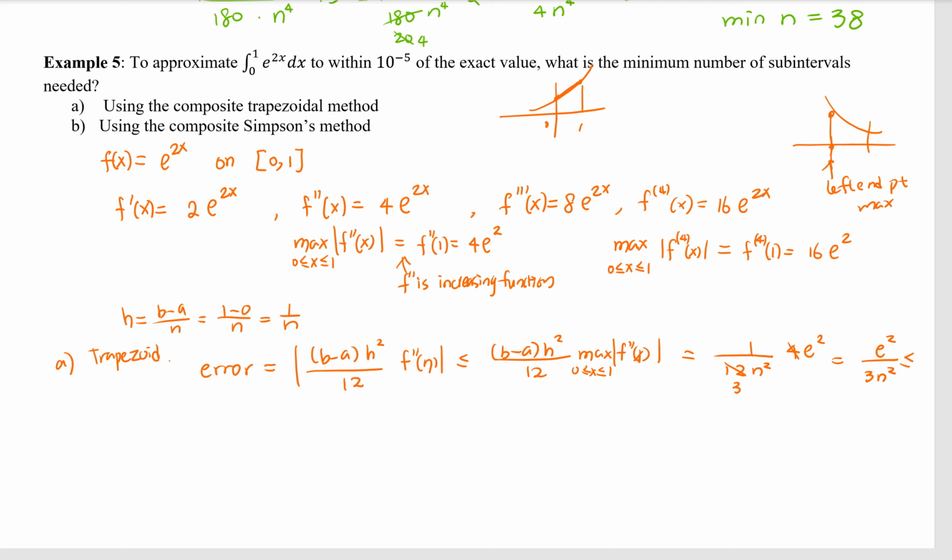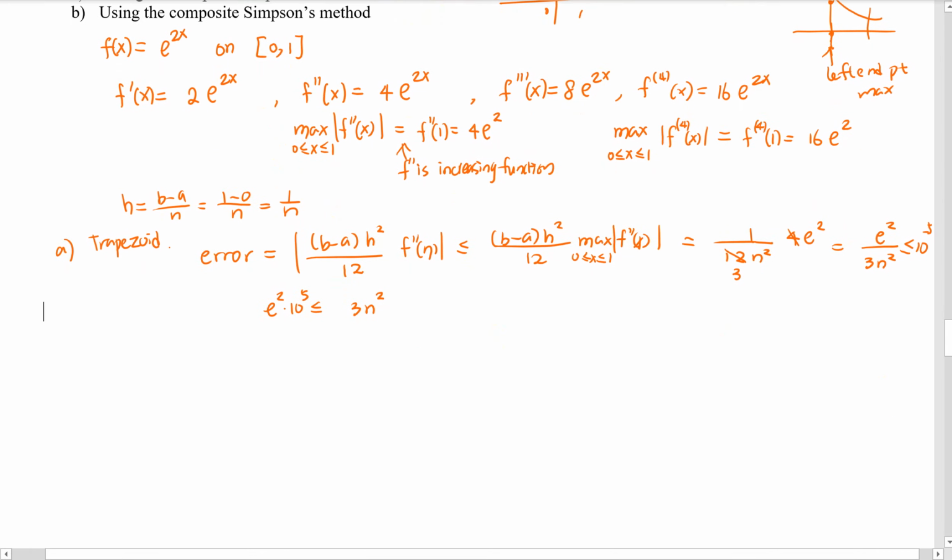And we want this answer to be less than or equal to 10 to the minus 5. So both sides multiply by 3n squared and multiply by 10 to the 5th. This is what we get. Then n squared is greater than or equal to e squared times 10 to the 5th over 3.